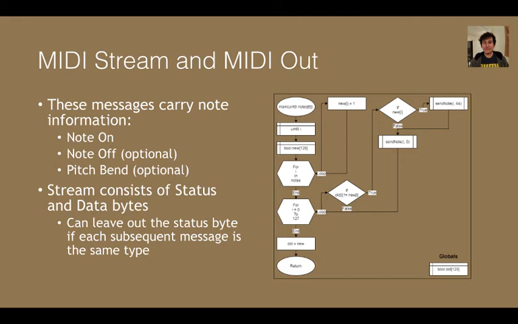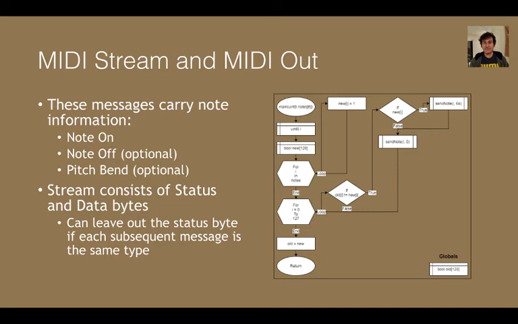So, in terms of the MIDI stream, there are only three kinds of messages that we need to worry about: the note on, the note off, and the pitch bend messages. Currently, we only use the note on message since it serves a dual function, to enable the playing of a note and to stop the playing of a note.